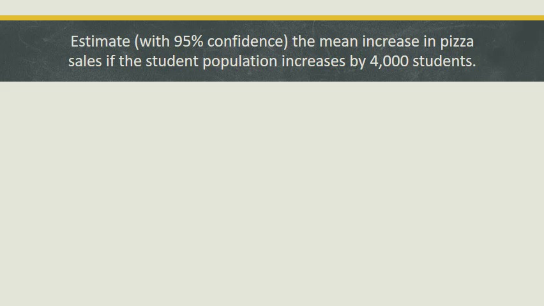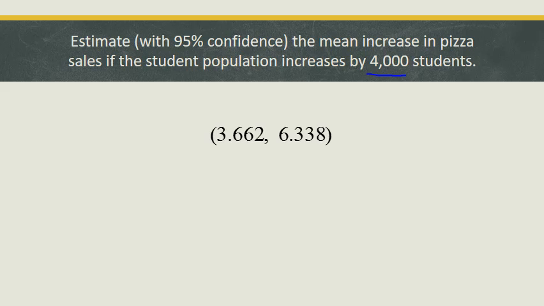Next, I want to do a fairly common application of the slope confidence interval. I want to make the 95% confidence interval for the mean change in y given an increase of 4 in x. This is actually pretty simple. All we need to do is start with the 95% confidence interval for the slope coefficient, and remember that this is the interval for the mean change in y for an increase of 1 in x.